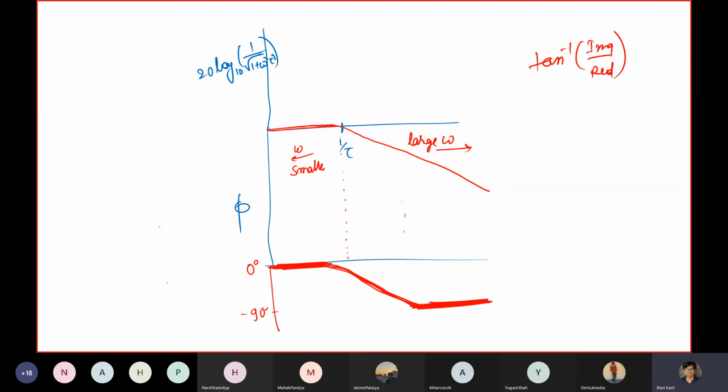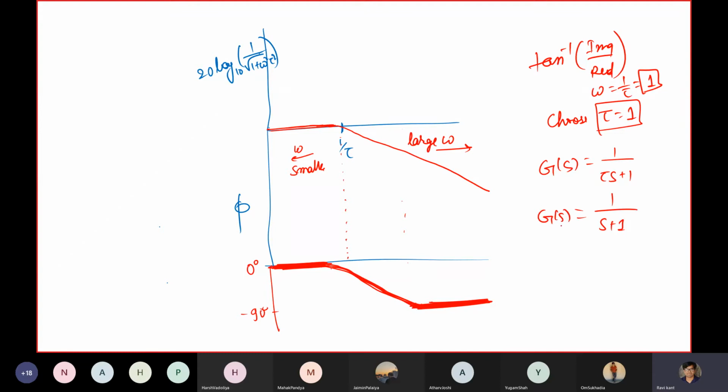Let's verify this by choosing my tau as 1. So my transfer function, with tau equal to 1, has corner frequency omega equal to 1 upon tau equal to 1 upon 1, so 1 radian is my corner frequency, and tau s plus 1 reads as s plus 1.